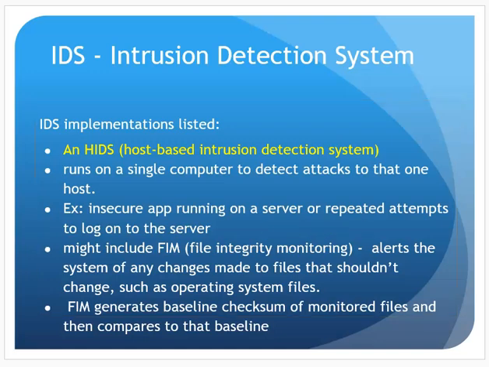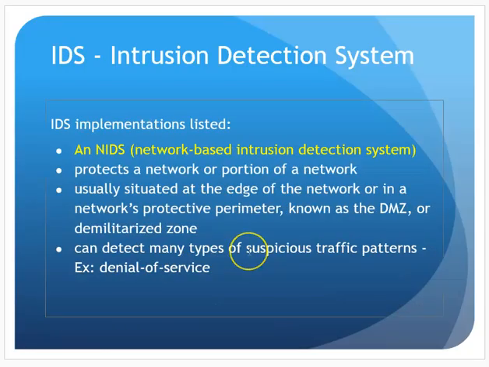A network-based IDS protects the entire network, looking at traffic network-wise, if you will. It's usually situated at the edge of the network, almost like an extra node in that part of the network, and it can detect many types of specific traffic patterns, like a denial of service type attack.